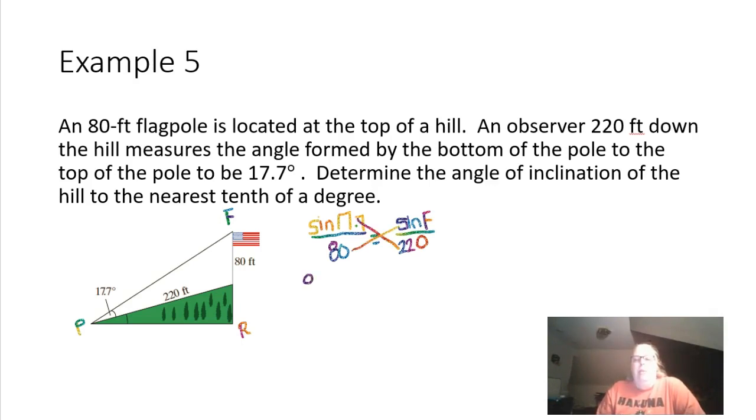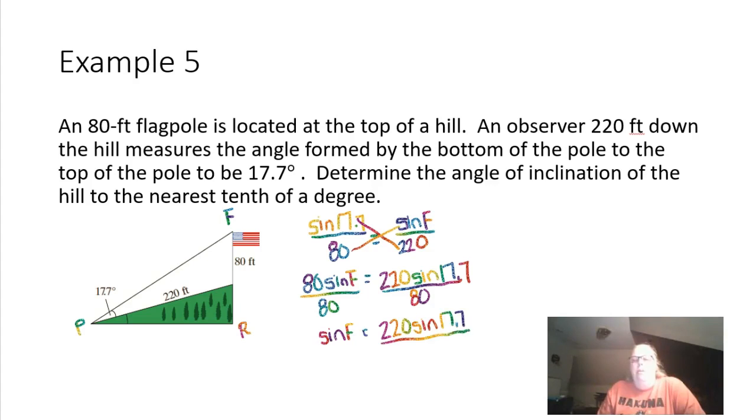On the left, we have 80 times the sine of angle F. And on the right, we have 220 times the sine of 17.7. And if we're going to solve for F, let's divide that 80 away. That means the sine of angle F is equal to 220 times the sine of 17.7 over 80.